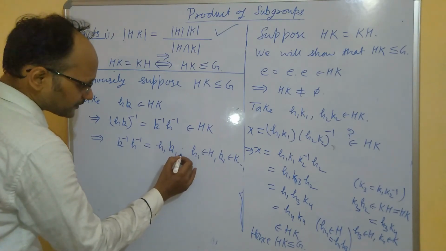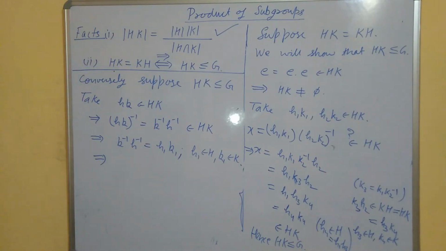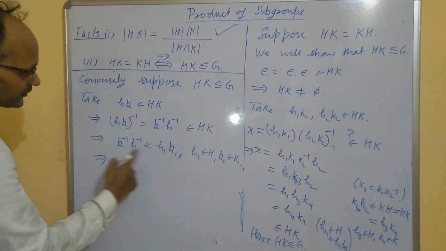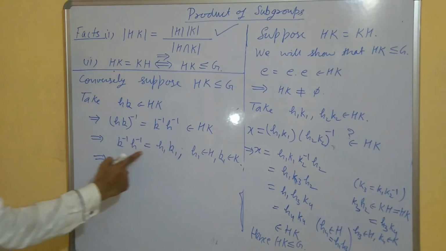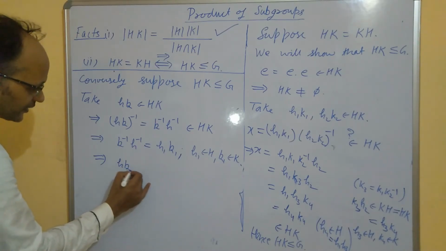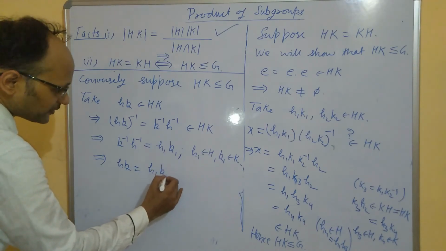So now what? So this implies that, now again take the inverse on both sides. So we will have HK is equal to H1 K1 inverse.